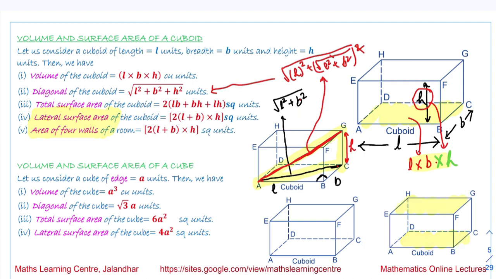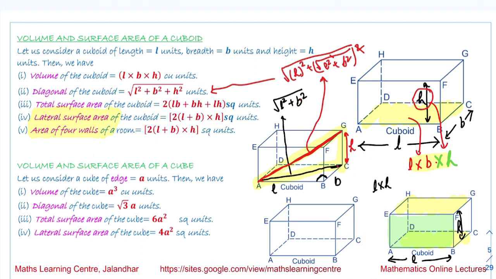If we look at this wall ABFE, this is the length and this is the height. So the area of this wall will be length into height.